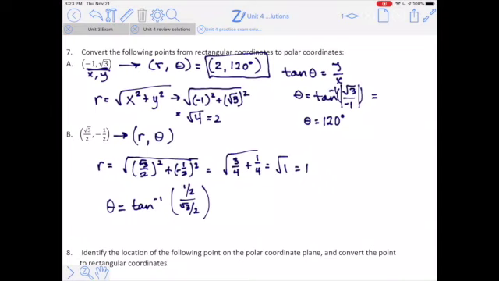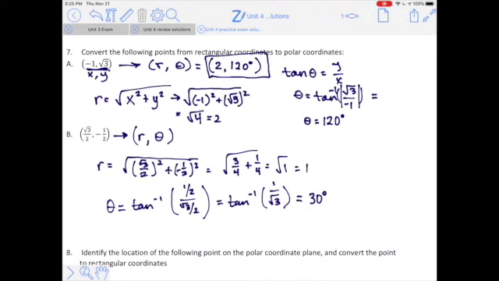So 1/2 divided by square root of 3 over 2. If we have 1/2 multiplied by 2 over the square root of 3, then the 2's would cancel. So it's the inverse tangent of 1 over the square root of 3. And this is 30 degrees.